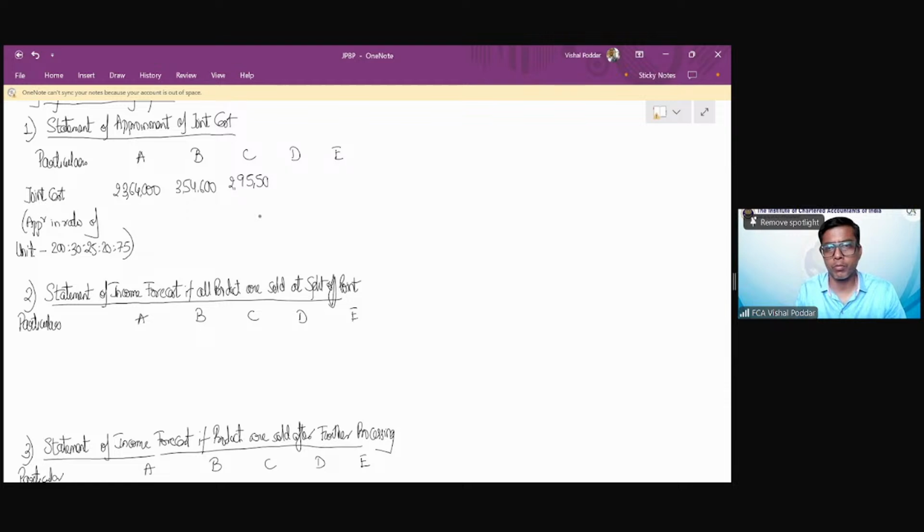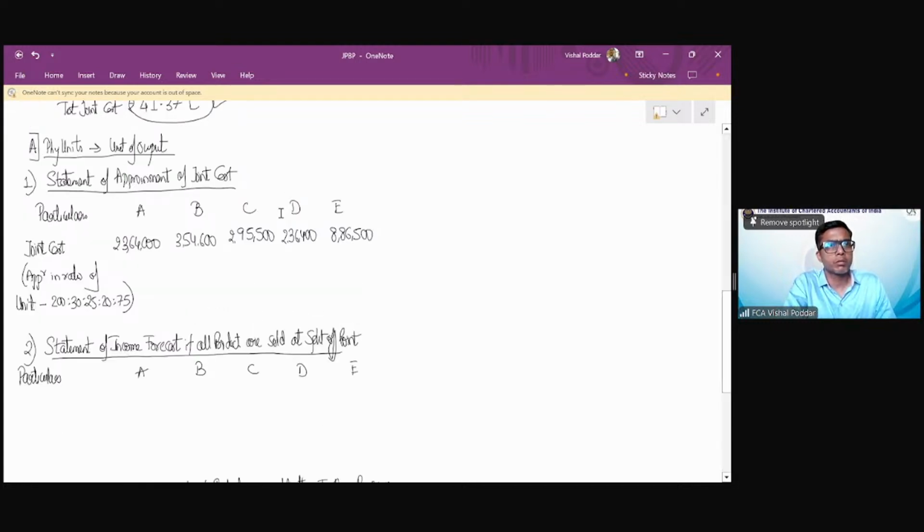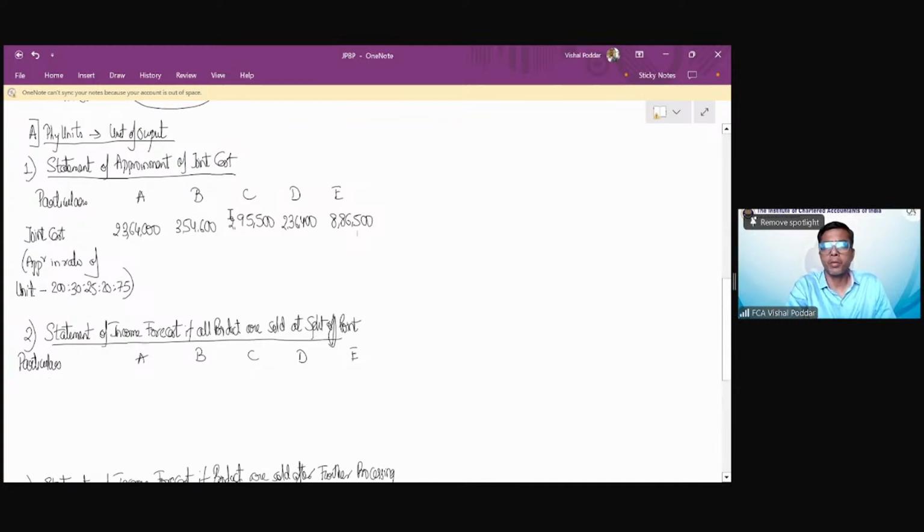For D is 2,36,400. And for E, the answer posted is 8,86,500. Please confirm, students, if you all have the same answers. Same answers you all have.